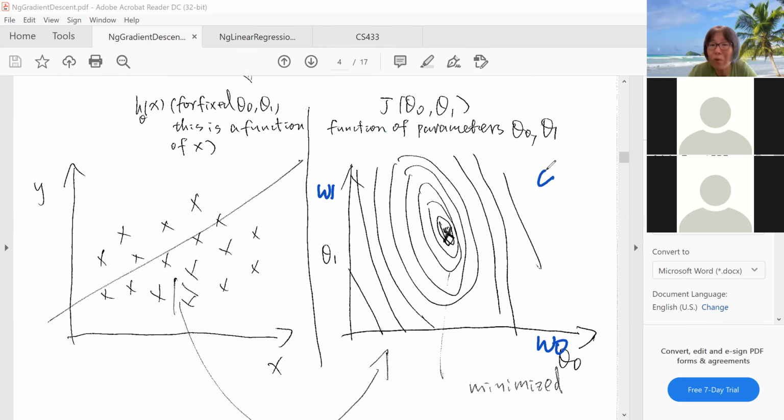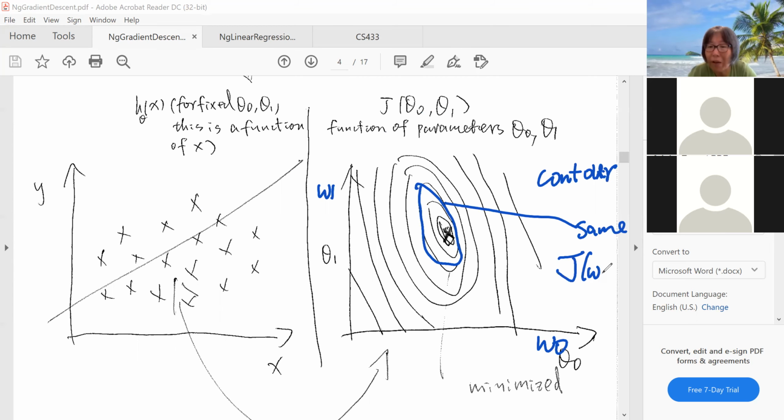So the way is we do this contour drawing. All of the lines over here mean they have the same cost value, the same cost.